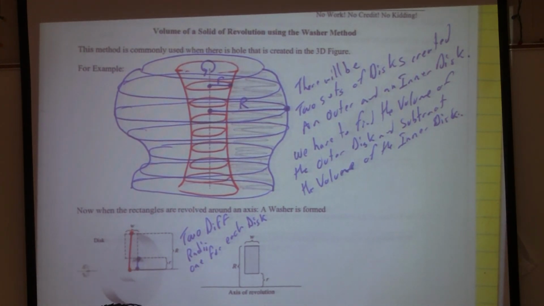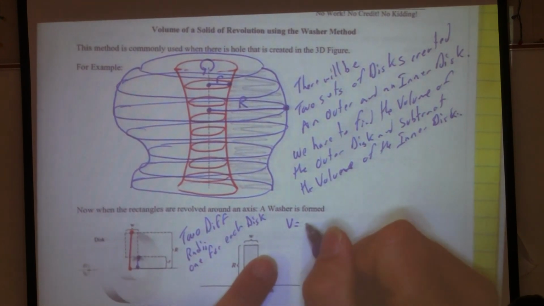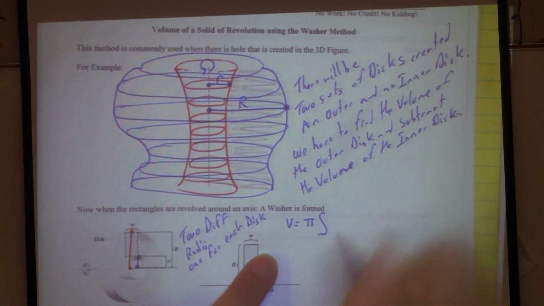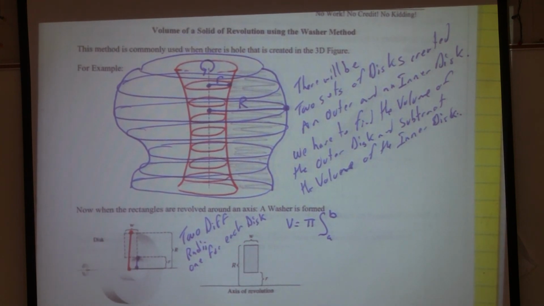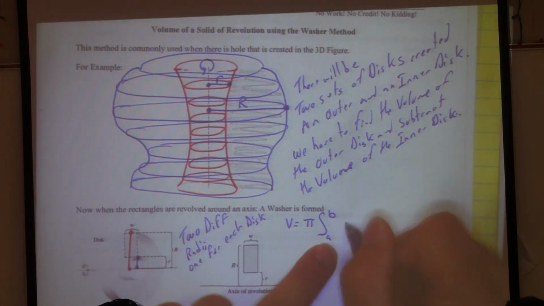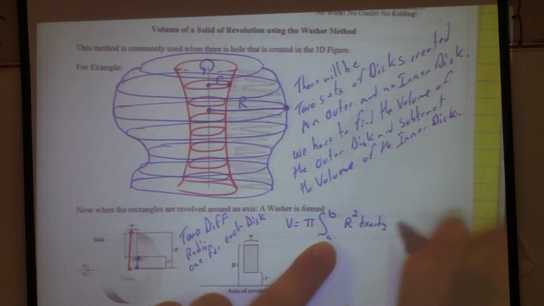So if we wanted to find it, we would say the volume is pi times the integral from A to B. Which one would be the outer disk, the big R or the little r? So that was big R squared dx or dy.